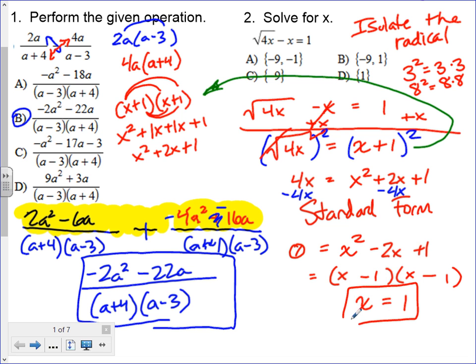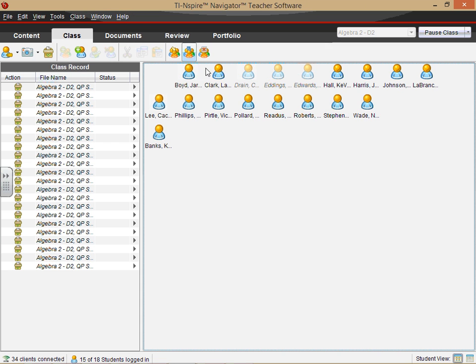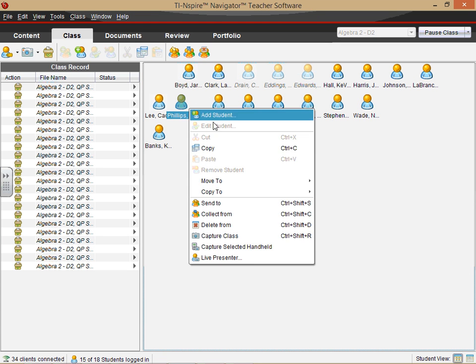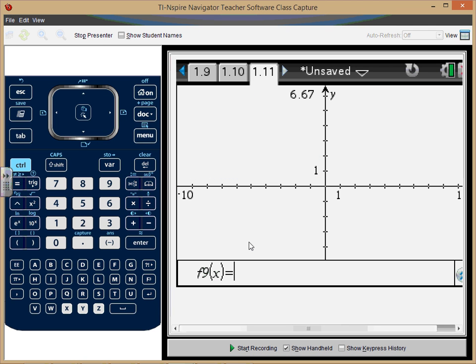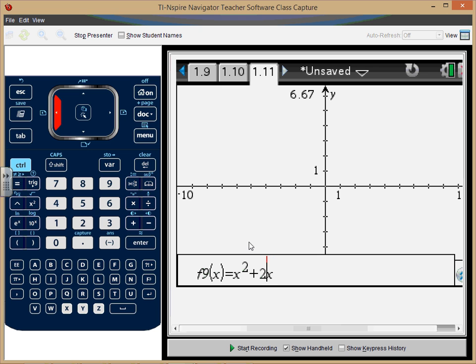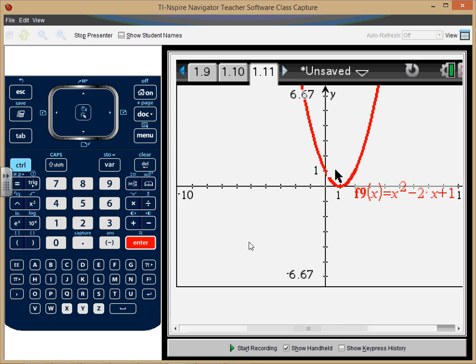x equals 1. Can we check it on our graph? Who can do that? Who can show us graphing it? Okay, Latrell. Was it plus 2x? I can't remember. What do you think?